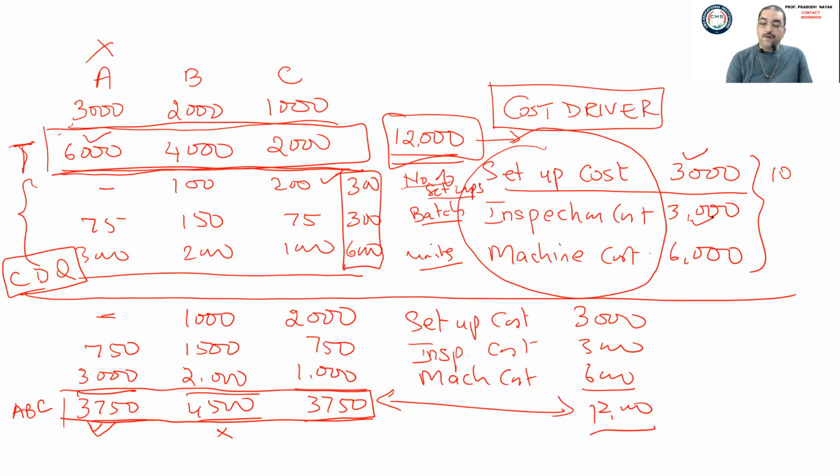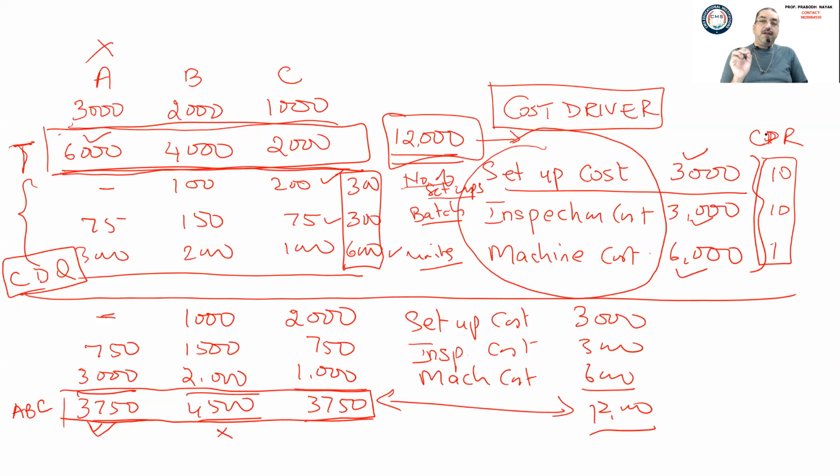If I take 3,000 and divide by this 300, again I get the rate as 10. If I take 6,000 and divide by 6,000, I get the rate as 1. What is this called? This is called cost driver rate, CDR. So cost driver quantity and cost driver rate.